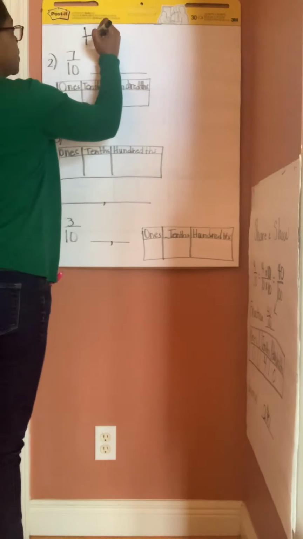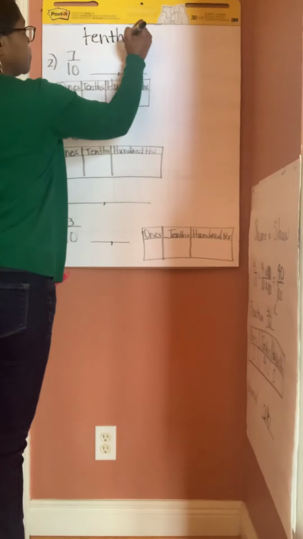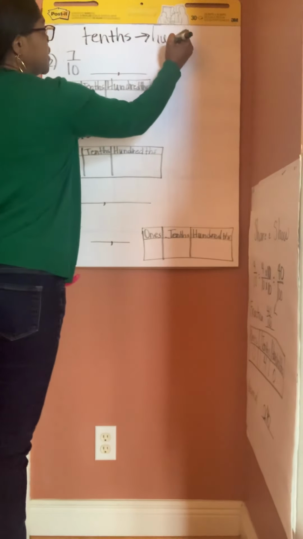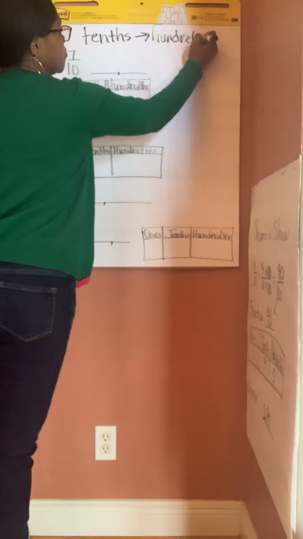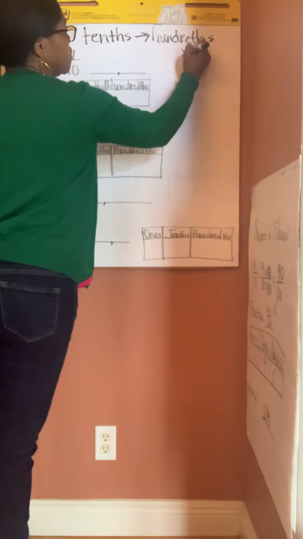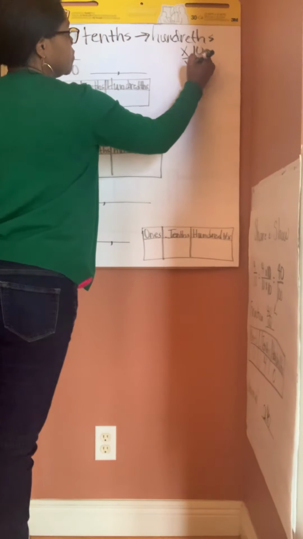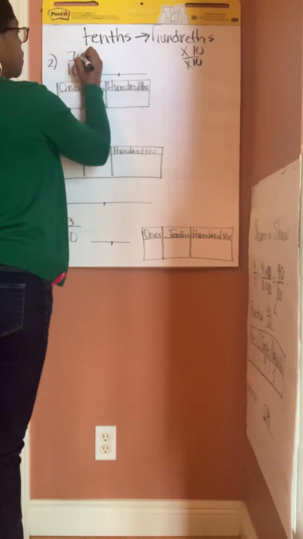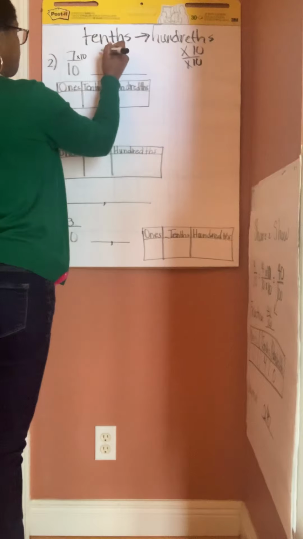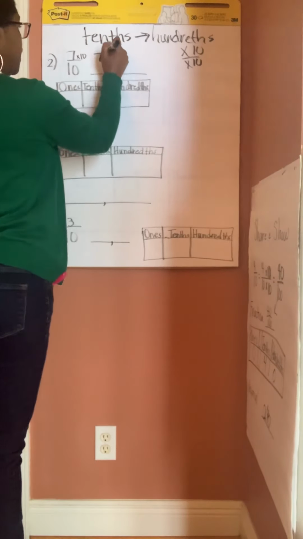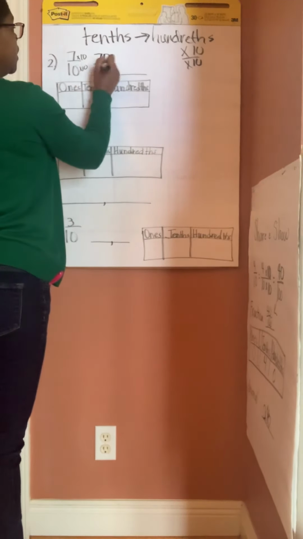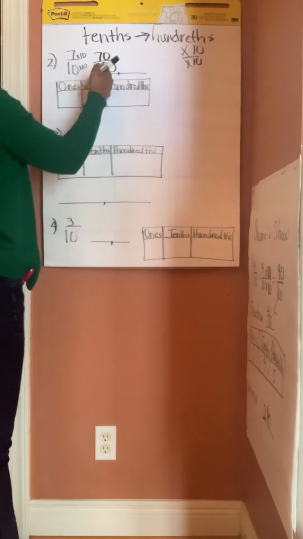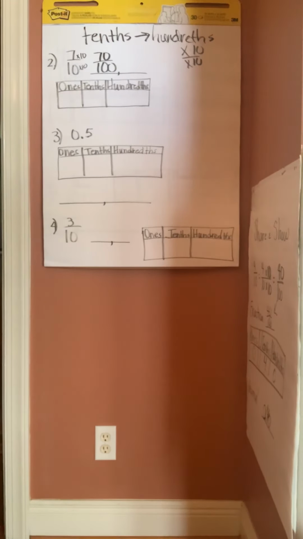So if I'm going from tenths to hundredths, I'm going to do times 10 over 10 for my numerator and denominator. So 7 times 10 is 70. 10 times 10 is 100. 70 hundredths.